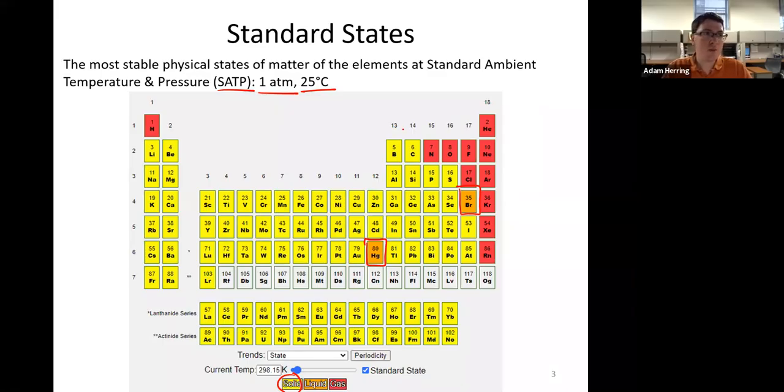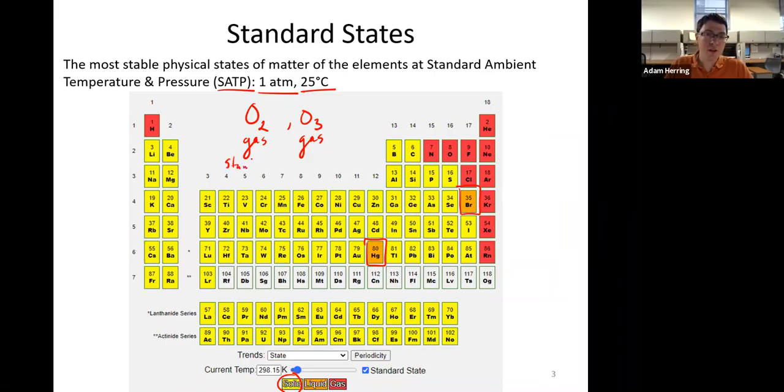Additionally, you need to be able to distinguish between various allotropes. An allotrope is an element in a different combination. So for example, oxygen versus ozone. These are allotropes. It's the same element, but different ratios. And so oxygen in its gaseous form versus ozone in its gaseous form are different from each other.